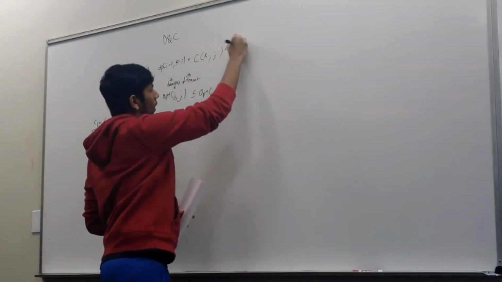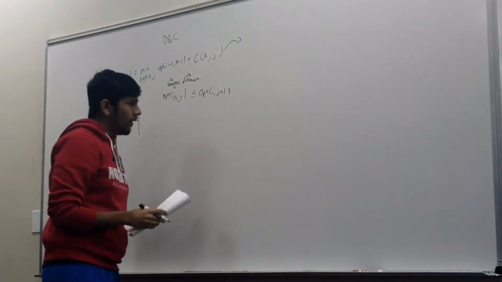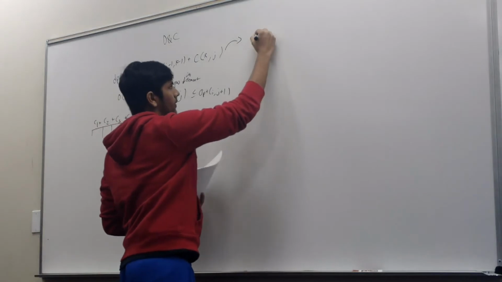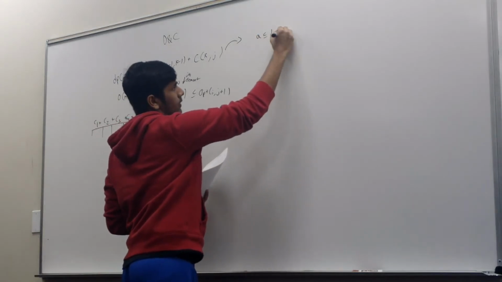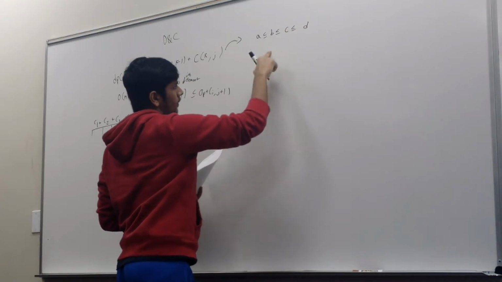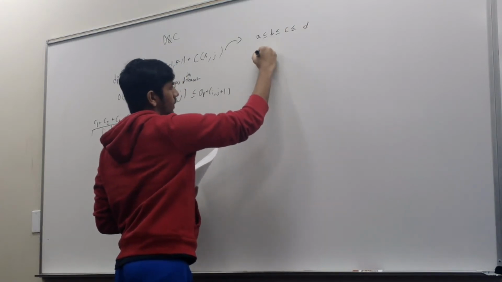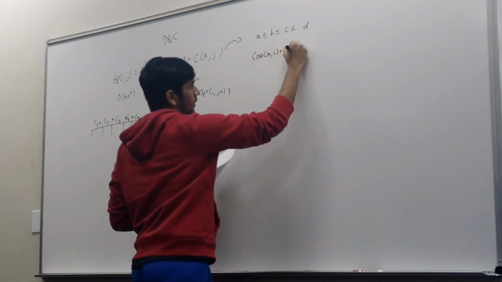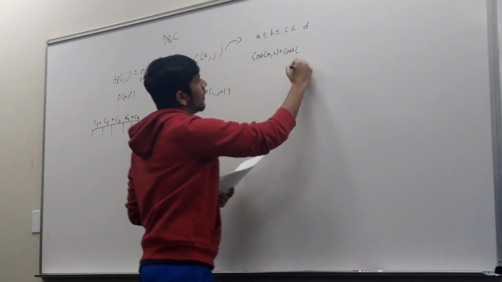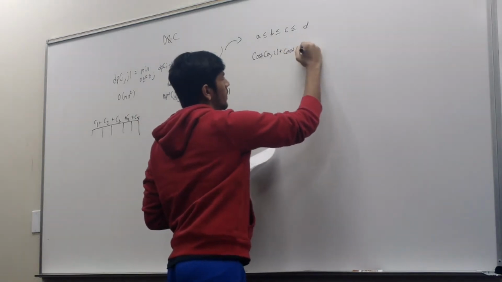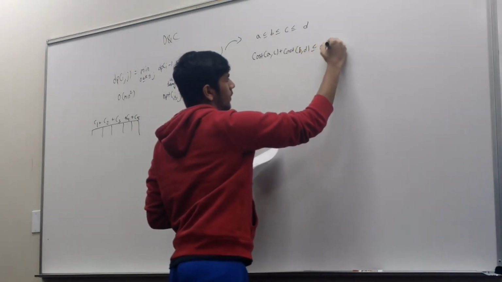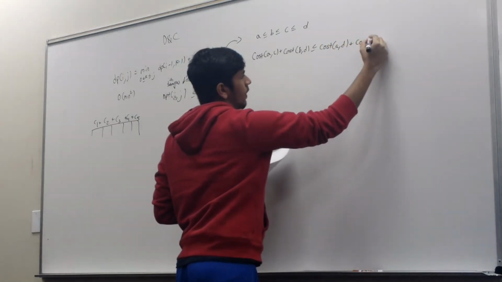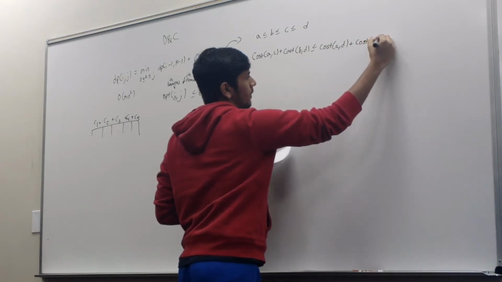Our cost function follows the quadrangle inequality when, for a ≤ b ≤ c ≤ d, cost(a, c) plus cost(b, d) is less than or equal to cost(a, d) plus cost(b, c).